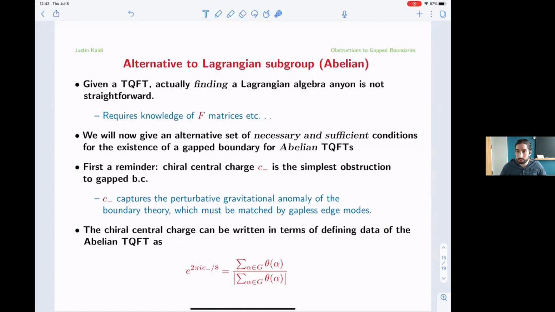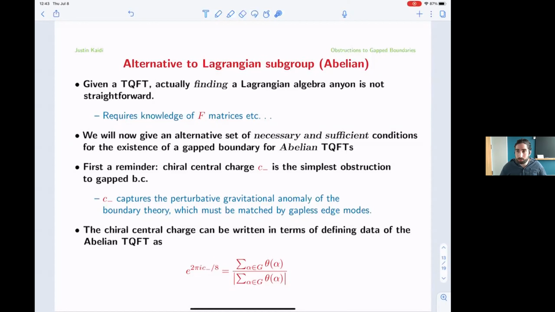It's a really simple expression. I just sum up all of the spins, theta, for every anyon that I have in the theory. And then I take the phase of that sum. And that gives me the chiral central charge, at least mod 8. So this is a really nice formula.